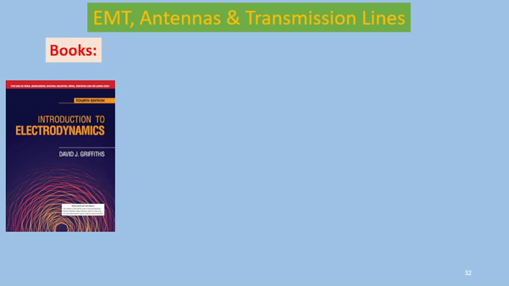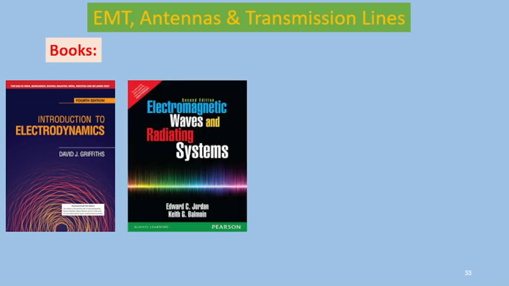The next book I can suggest is Jordan and Balmain, Electromagnetic Waves and Radiating Systems. Here the radiation part is discussed in a detailed way, from an engineering point of view. So I'll suggest this book for antennas, transmission lines, all those things. There is one more book for antennas, Kraus, that you can also go for.